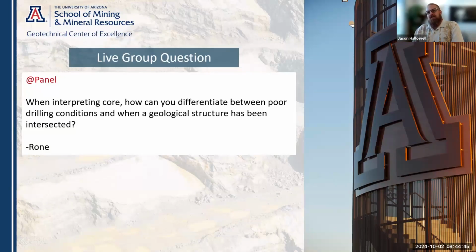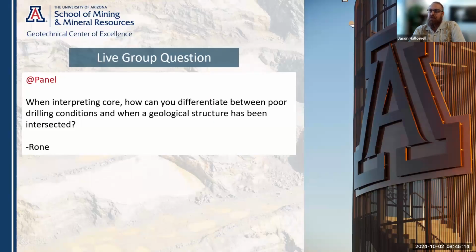Yeah, it can be very difficult. I think one of the things you can look for is the quality of the drilling overall. If you see a lot of areas where you've got core spinning or other indications of poor drilling, then you're going to question more, when you come into that zone, whether that's poor drilling practices or an actual structure.